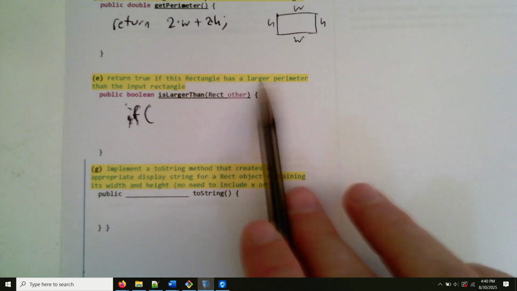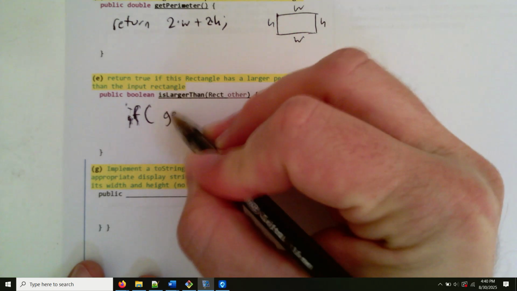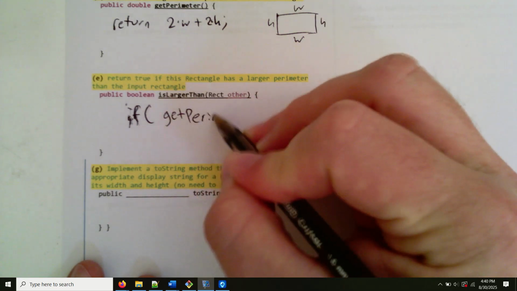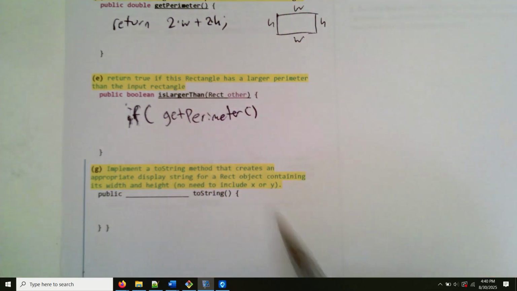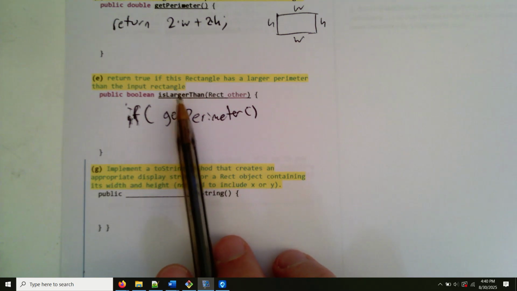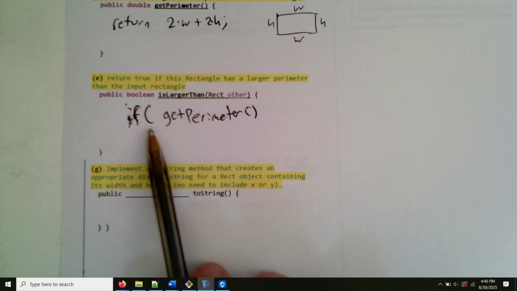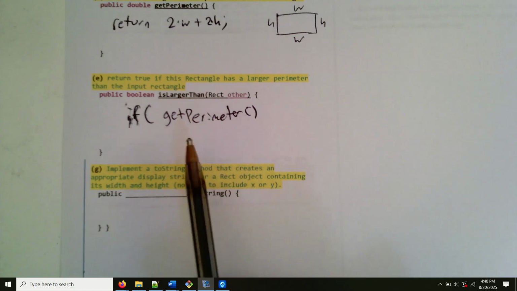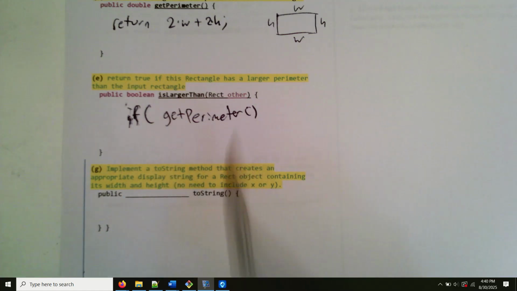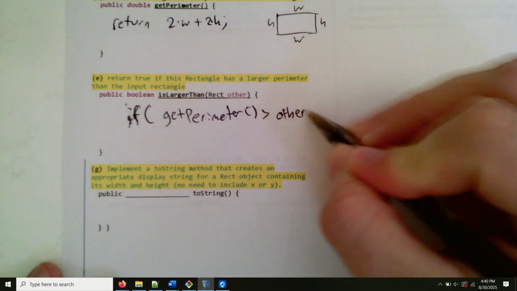We're going to look at who's got the larger perimeter. So the way I'm going to get my own perimeter is I'm going to run my own getPerimeter method. Because remember, it's a particular rectangle object that's running this method. And so that rectangle is trying to decide, am I bigger than the other one? So it's going to run its own getPerimeter method. You could write this.getPerimeter. And then we're going to ask, is that bigger than other.getPerimeter?